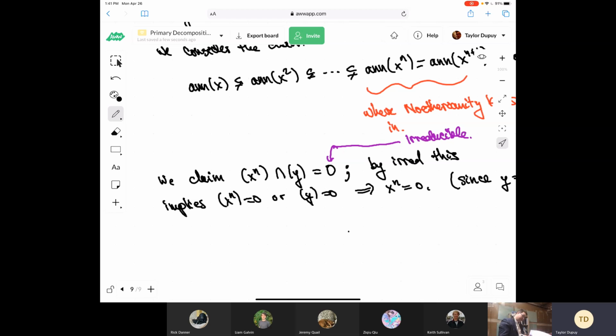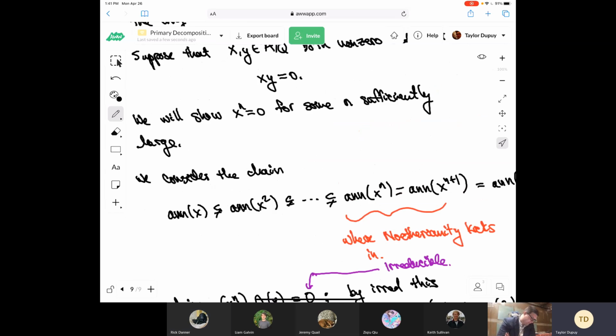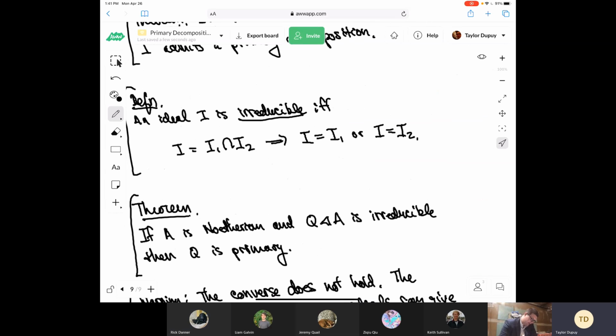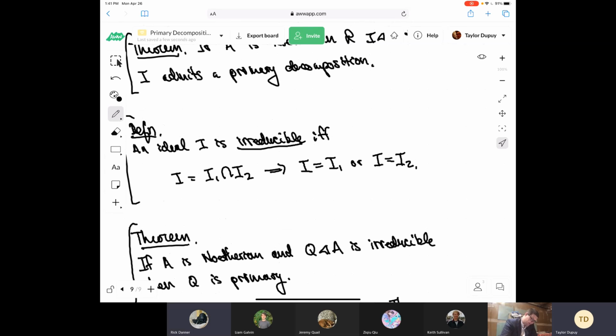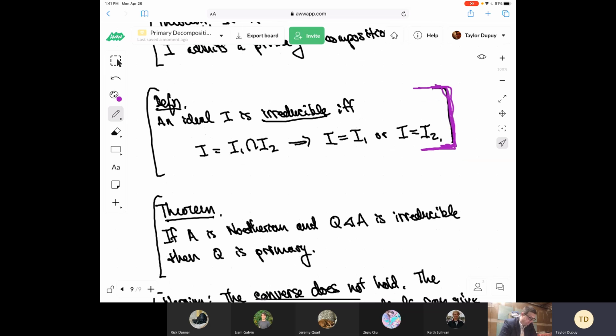And is it that you're irreducible if and only if your primary decomposition only has one prime? No. We're using this definition of irreducible here. I think you might have used the word irreducible component in a previous class interchangeably. But for today, this is what I mean by irreducible. It's a purely ideal-theoretic concept.